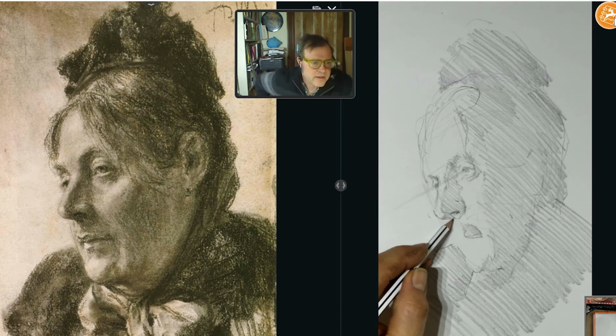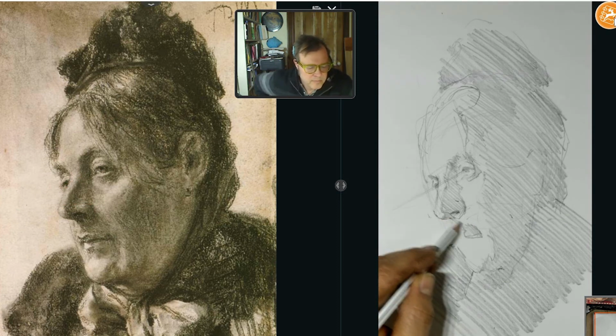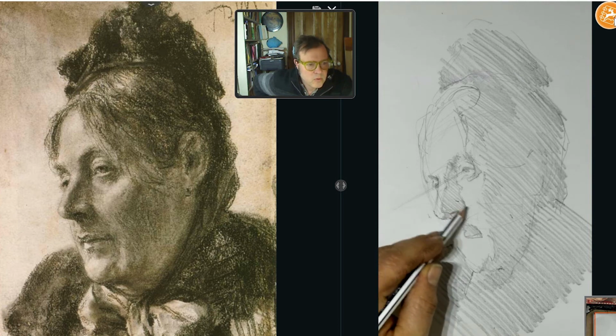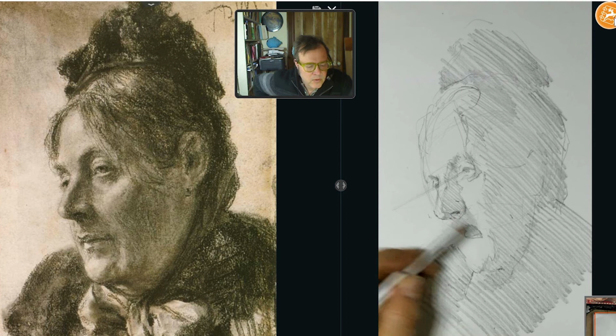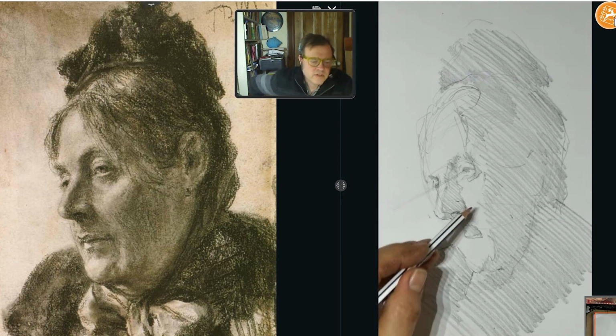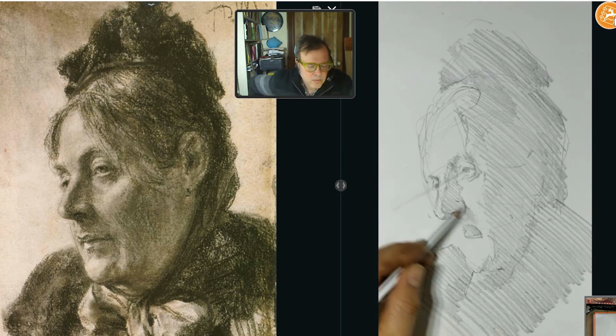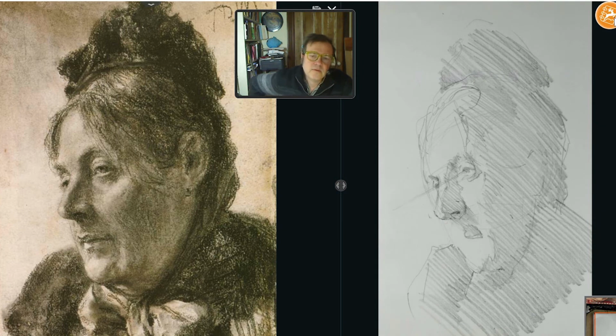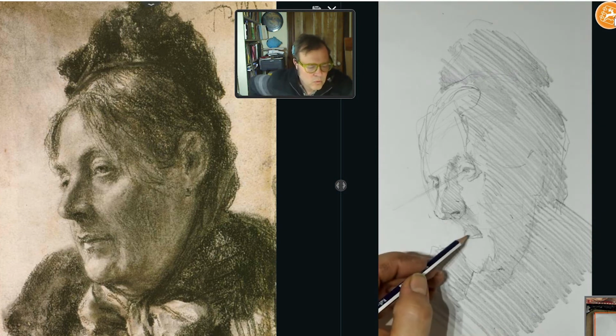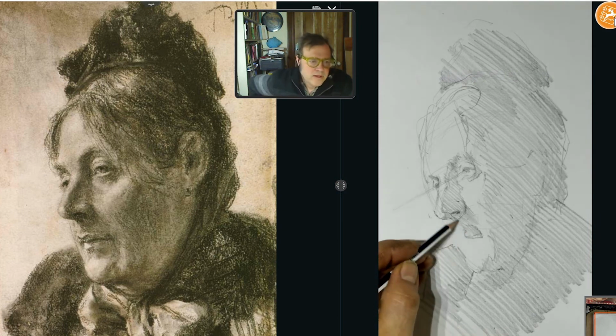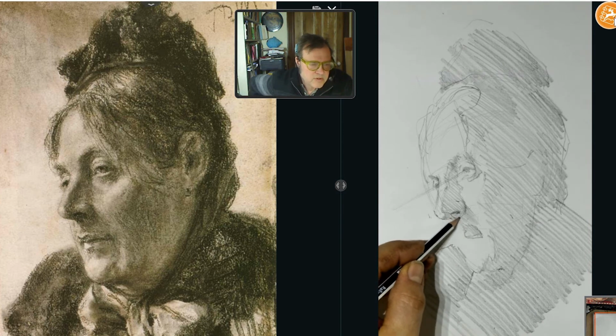Now there's a lot of sort of shadow bleeding out under the nose that I probably could have included in my first shadow map. I'm just going to sort of do that now. I can't see much of the philtrum, but I'm going to try to imagine where it is.